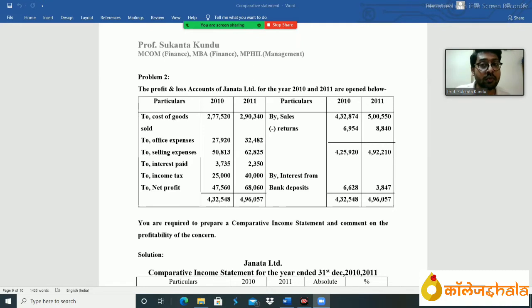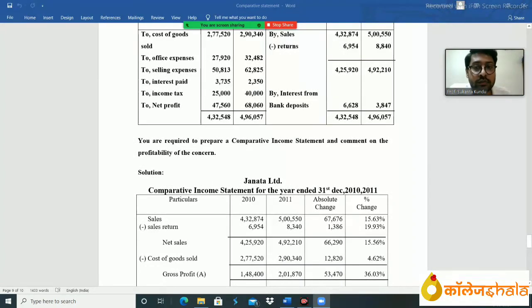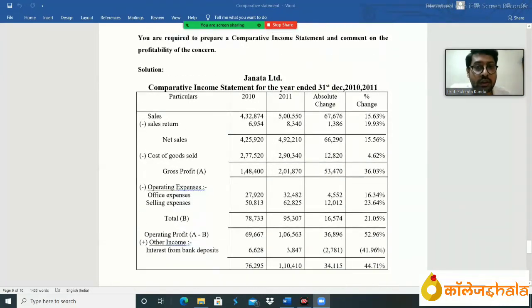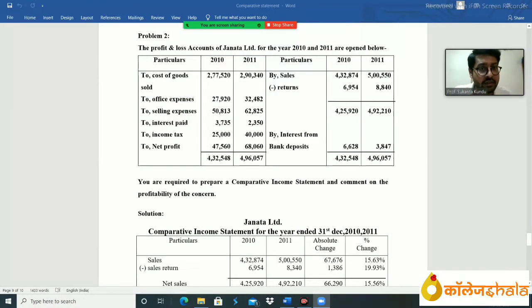So now you are supposed to prepare a comparative income statement, and after that you have to comment on it. You have to comment on the profitability of the company. You can treat this sum as your pro forma, because all the probable items are given in this question.